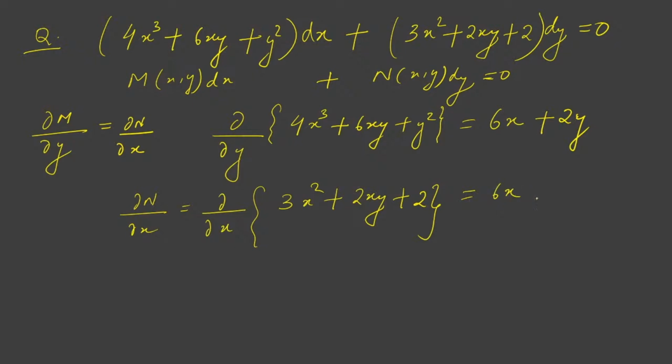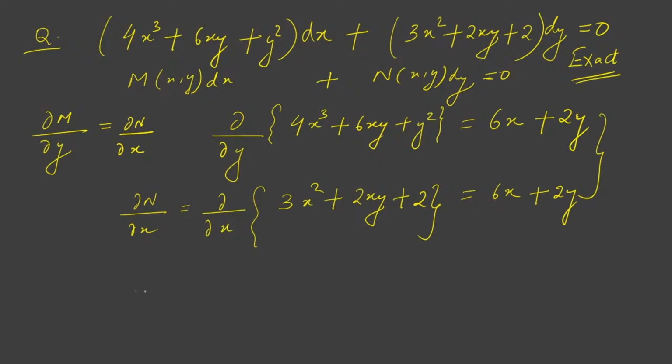Plus 2xy, where y is the constant, so del by del x gives 2y. And del by del x of 2 is 0. So these two derivatives are the same, so it is an exact equation.